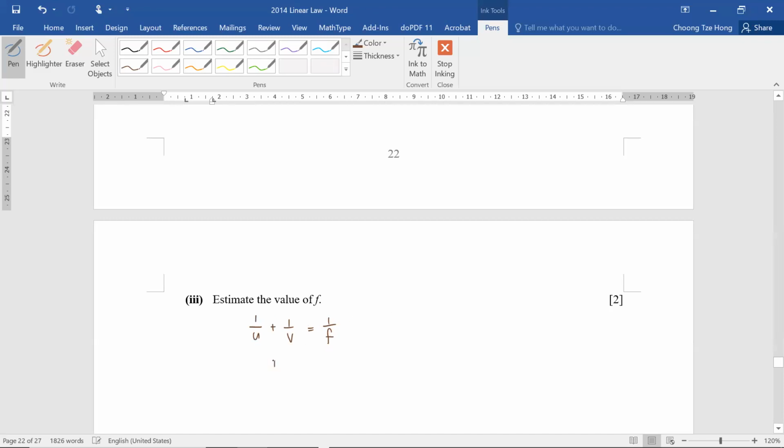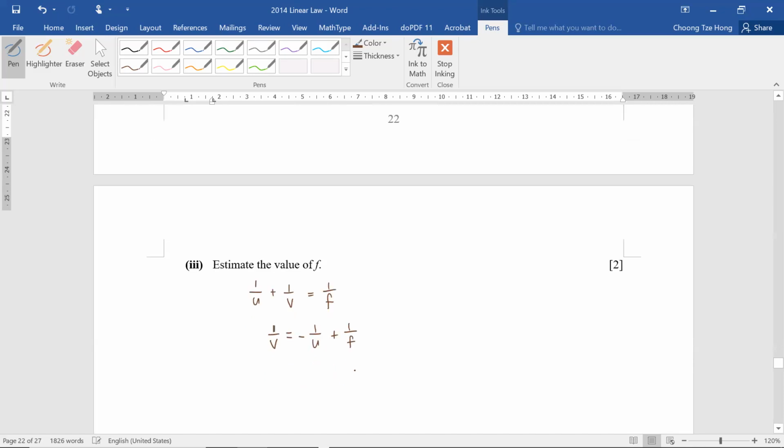Since I plotted 1 over V on the vertical axis, 1 over V should be the big Y. Then 1 over U goes to the other side, then plus 1 over F. So I already have my big Y equals mx plus c form. 1 over V is the big Y, 1 over U is the big X, and m is a fixed value here, given by -1. Then 1 over F will be the c, the vertical intercept.